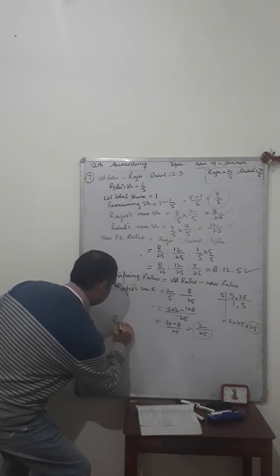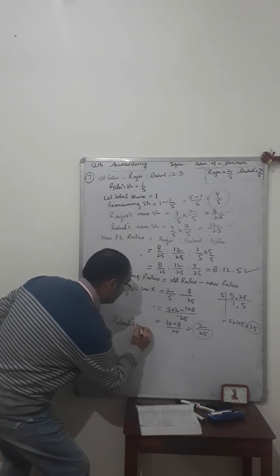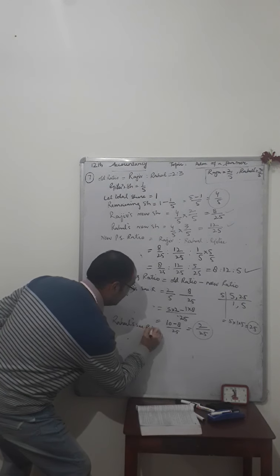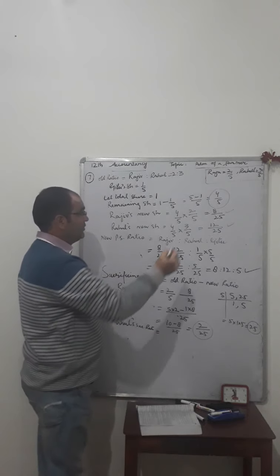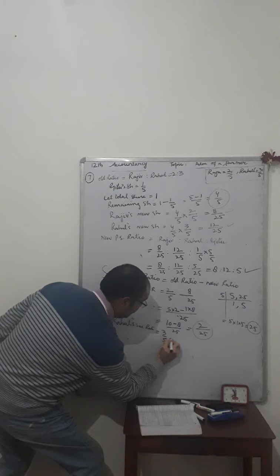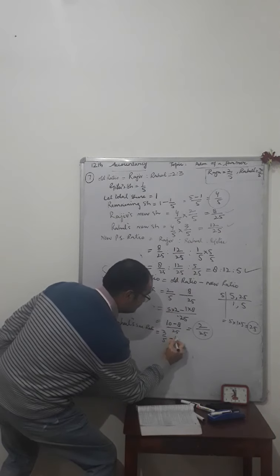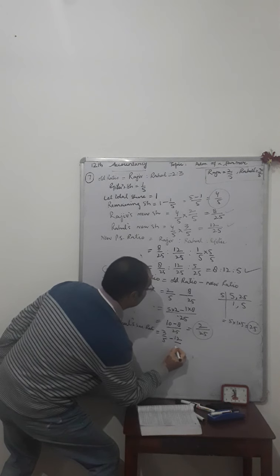And then Rahul's sacrificing ratio, which is equal to Rahul's old ratio, that's 3 by 5, minus Rahul's new ratio, that's 12 by 25.